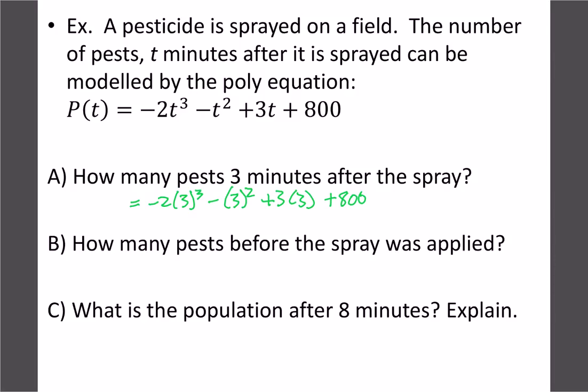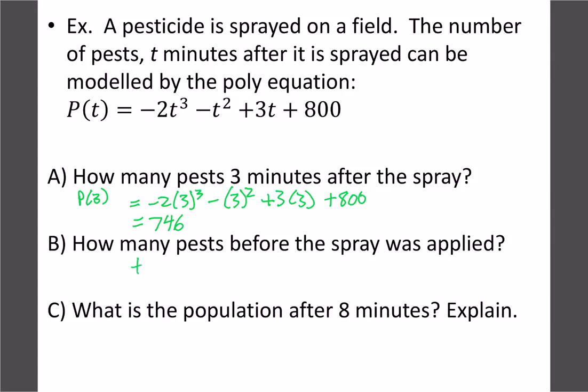So if you do that, we get an x of 3 is going to be at 746. If you do all of this on your calculator, you should get 746 pests. Okay, so it's probably easier just to type it in, like I said, and just figure out what the number is like that.